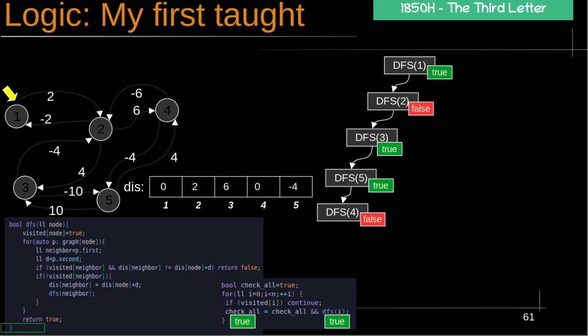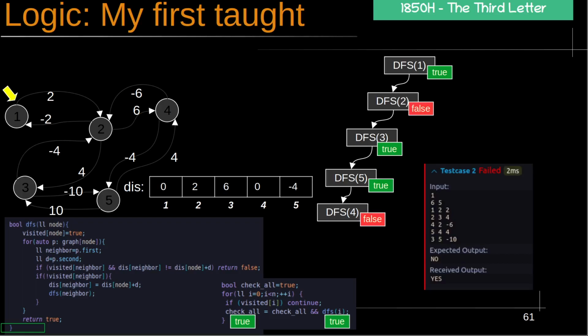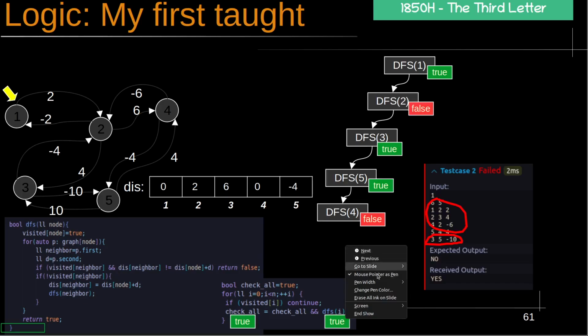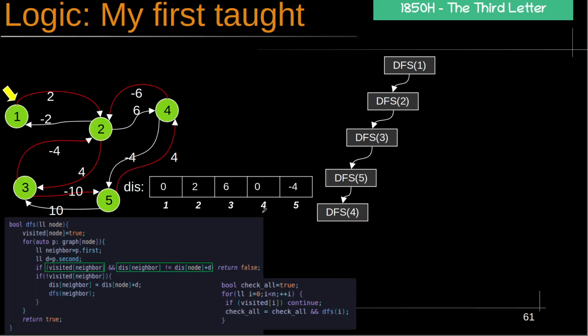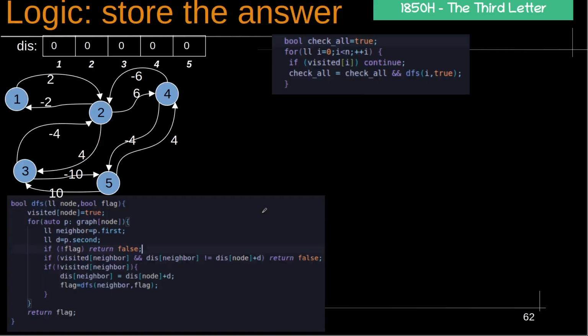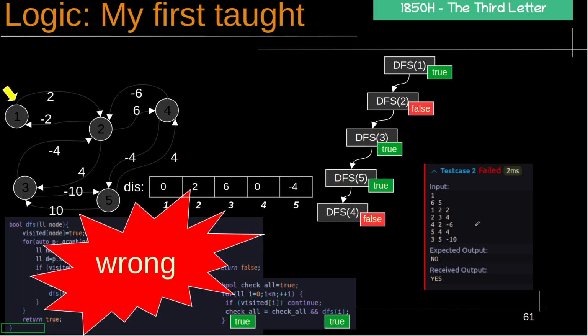Okay. And this is a mistake because, as you know, in this case the result must be no, because this edge here does not satisfy this arrangement, as we have seen in the beginning of the problem. So what's wrong with this code? This code is wrong. We have to store the answer. If we come back here, we have found false here.